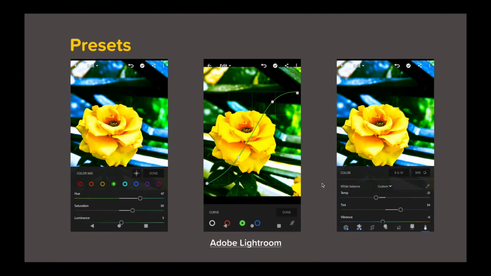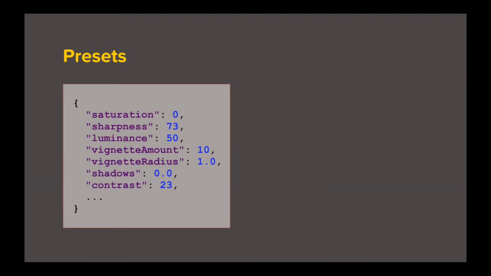And the way these filters are stored and implemented is that a designer applies all these complicated values, and then these values are stored as a data structure, a combination of saturation, sharpness, luminance, vignette, shadows, contrast and all those things.